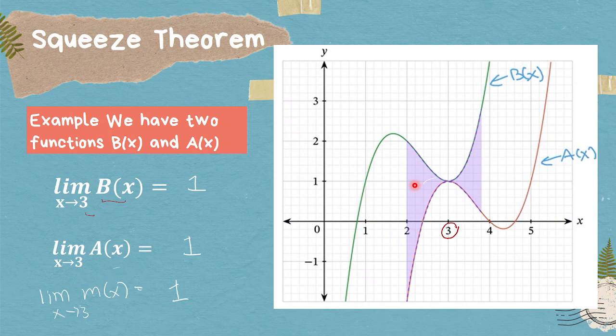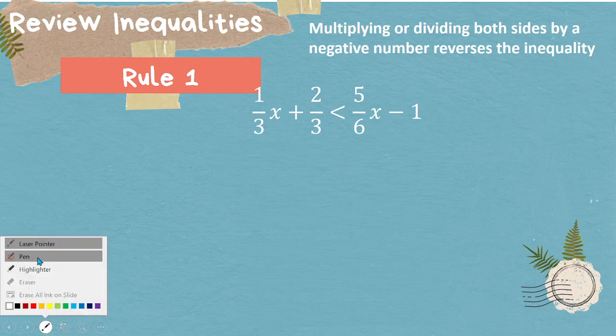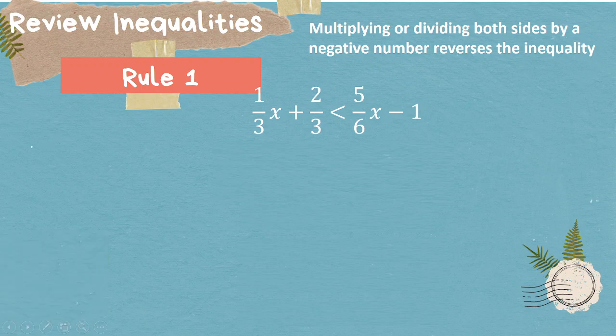So, let's review inequalities first. For example, in multiplying or dividing both sides by a negative number, the sign of the inequality reverses. So, for example, we have 1/3 x plus 2/3 less than 5 over 6x minus 1. How are we going to simplify this one? We are going to treat this one just like an equation.